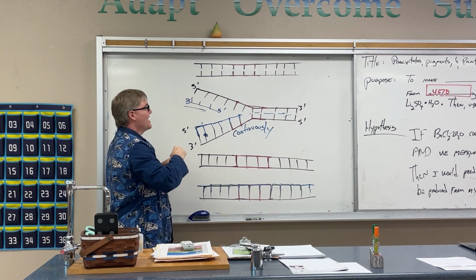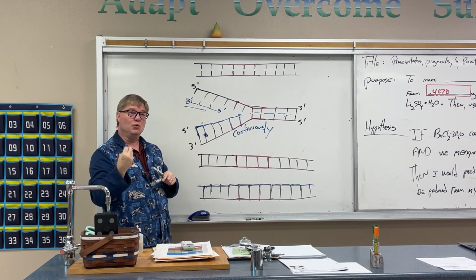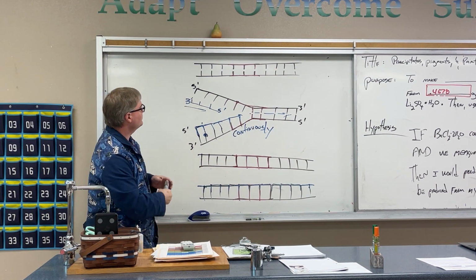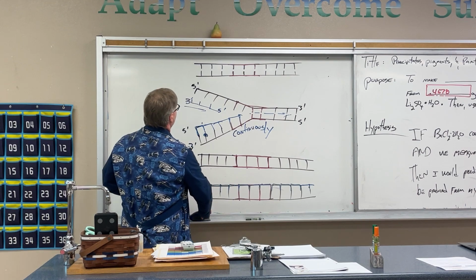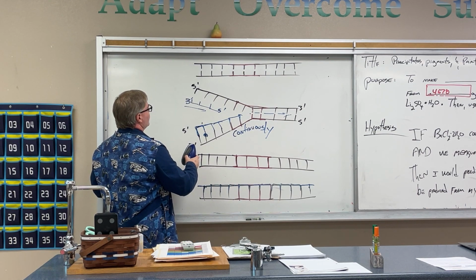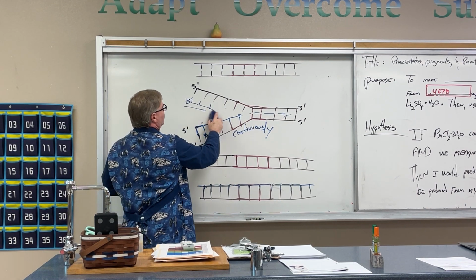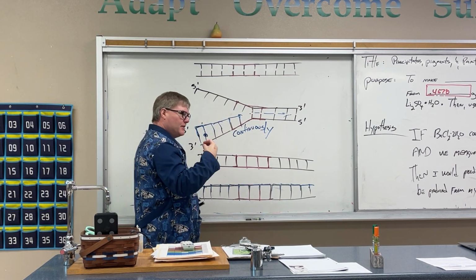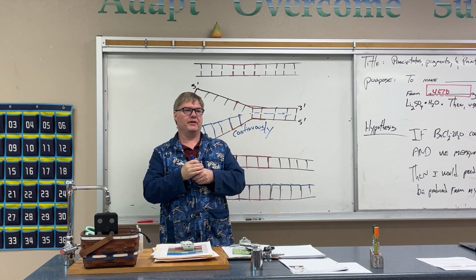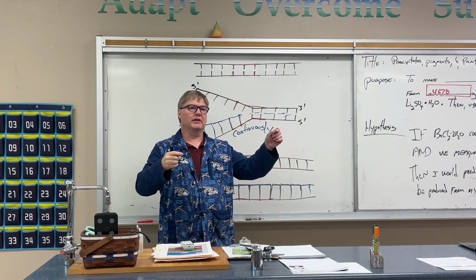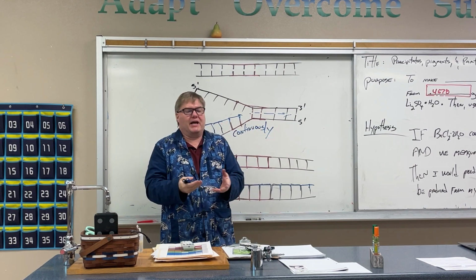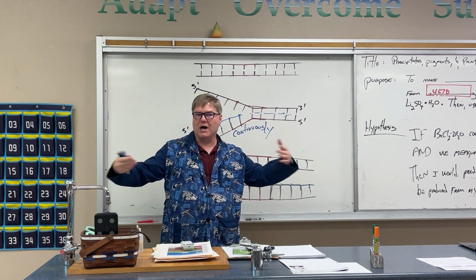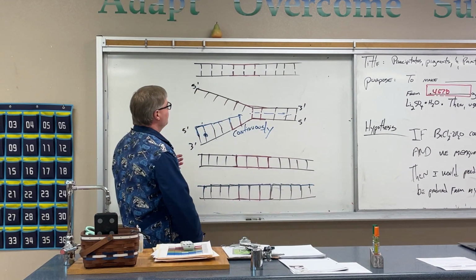And DNA cannot be built from 3' to 5'. So this can't happen. Somebody asked in an earlier class, well, why does DNA have to be built by adding to the 3' end only? And it just is. That's a biological fact. I don't know why it is that way.